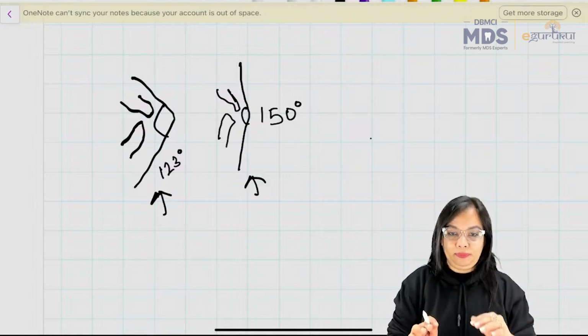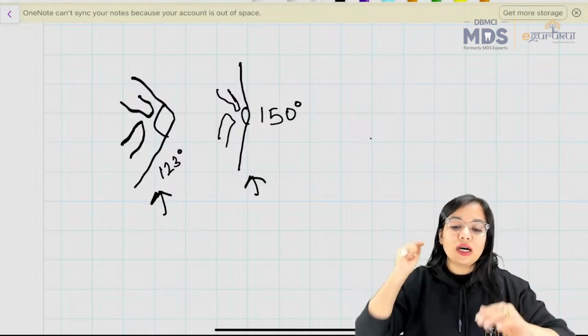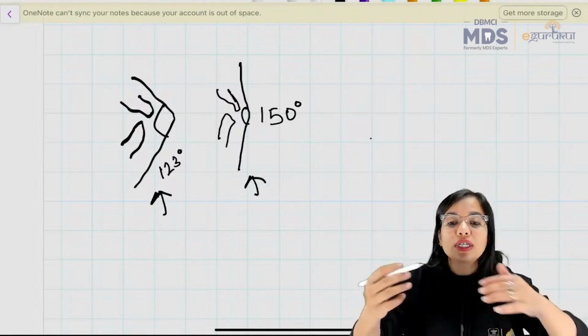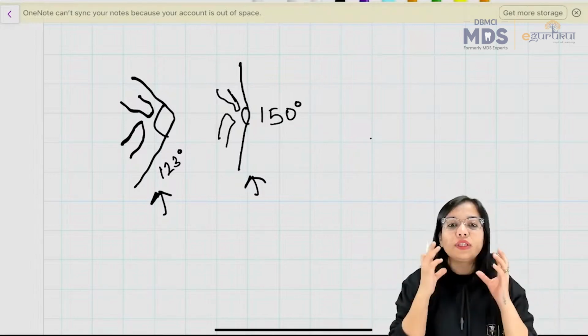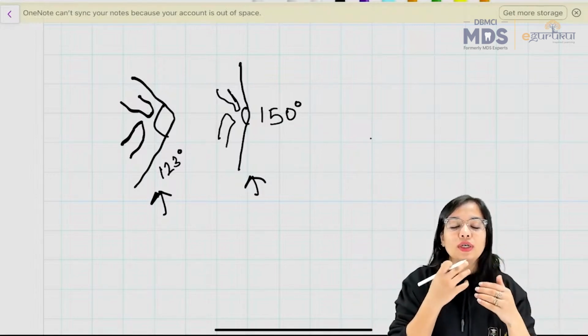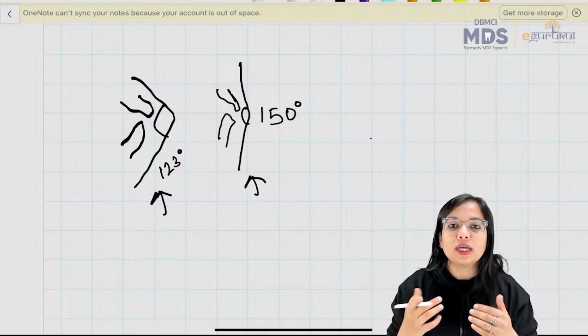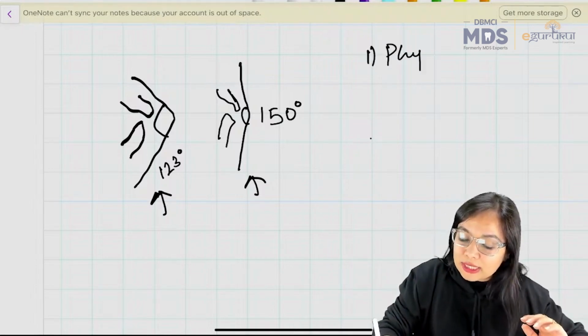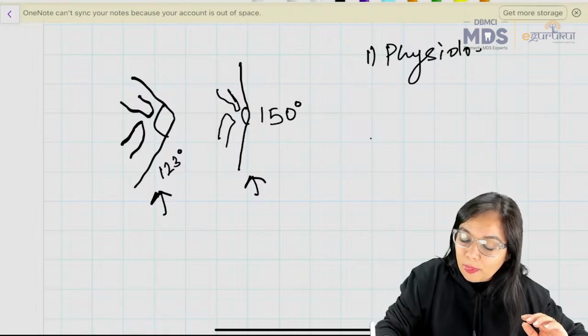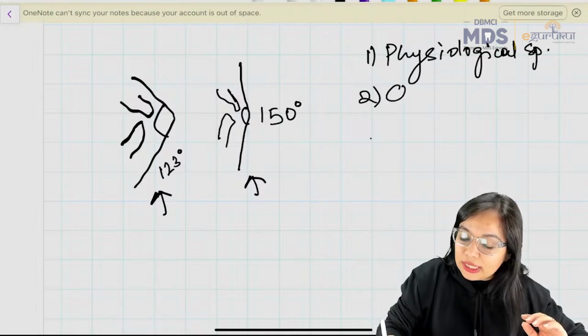And secondly, what happens? They use up the physiological spaces. There are various physiological spaces present all over the mouth, in between all the teeth. So they use up that. So one, the use of physiological spaces. Two, change in inclination.